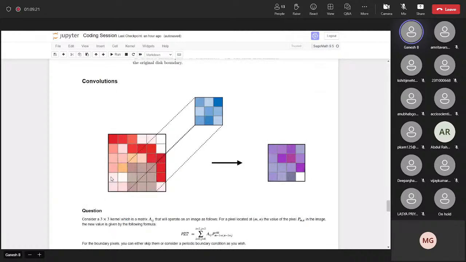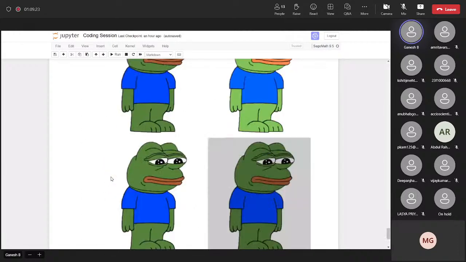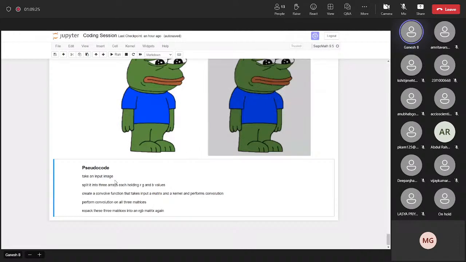So this is element-wise multiplication, and do that to all these three matrices, these three R, G, and B matrices, and after the convolution operation, combine all these three matrices into one single RGB matrix again, and output that RGB matrix, which is essentially your image.